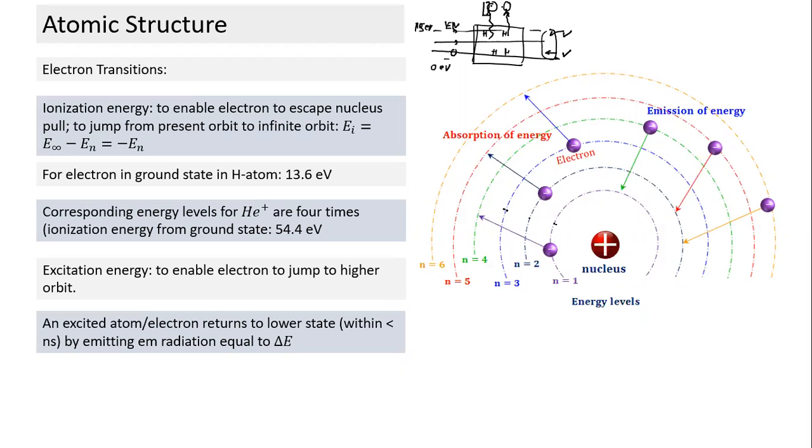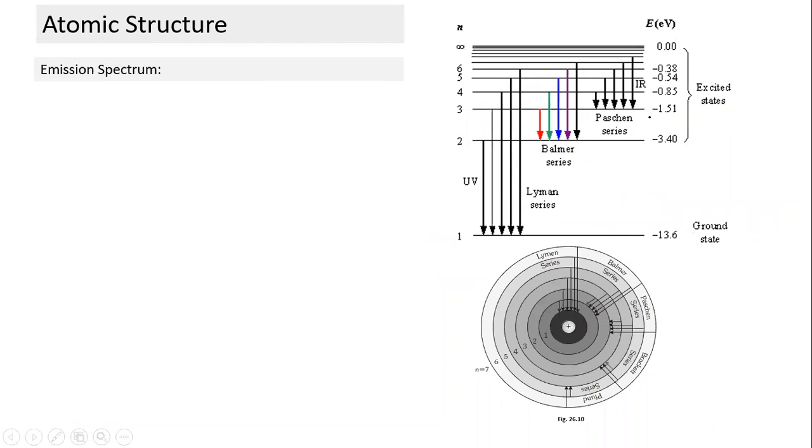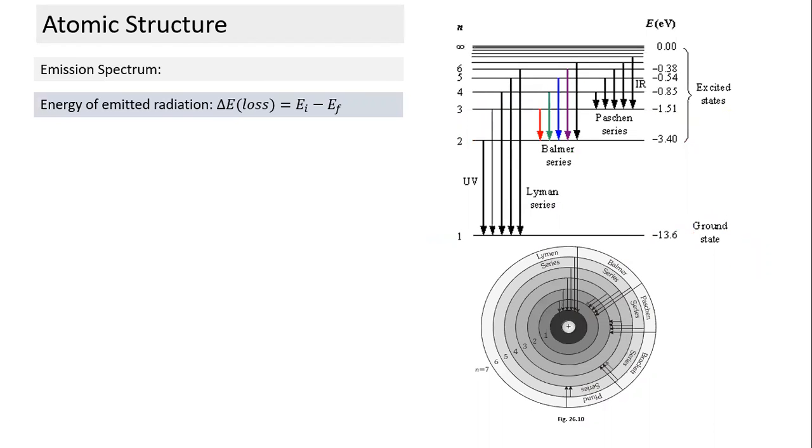Depending on the photon's energy, the electron may get excited to this level or this level, and after being excited, it will come back by emitting radiation. Thus we get the absorption spectrum and the emission spectrum. Emission is when the electron moves from a higher energy level to a lower energy level.